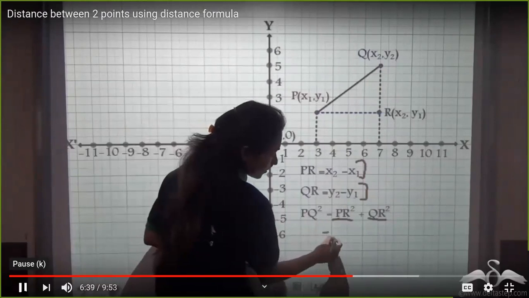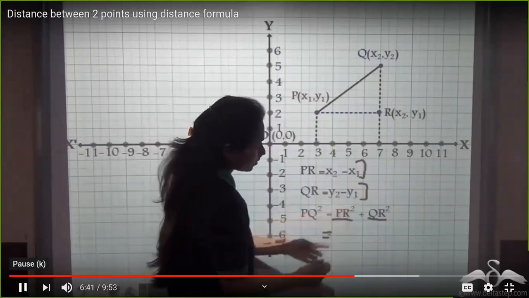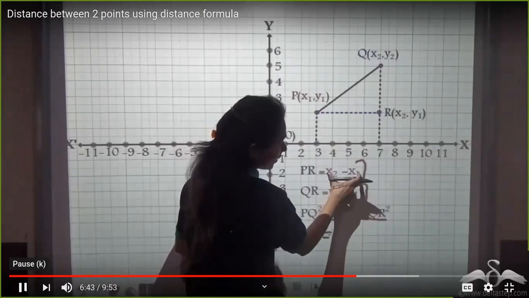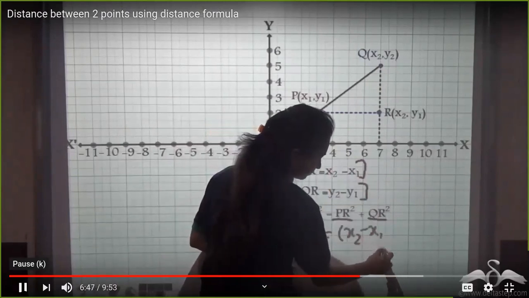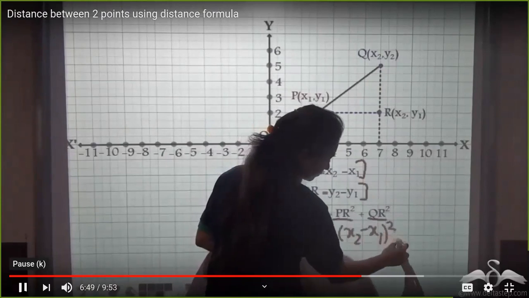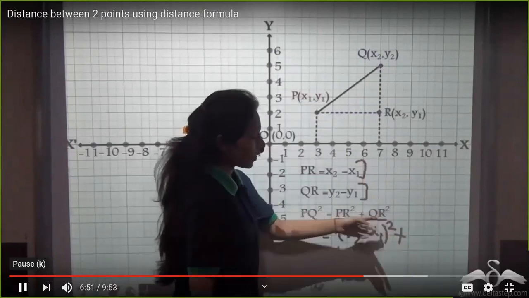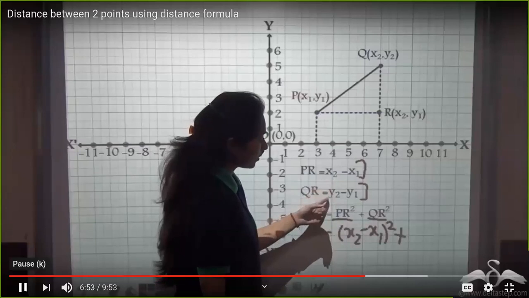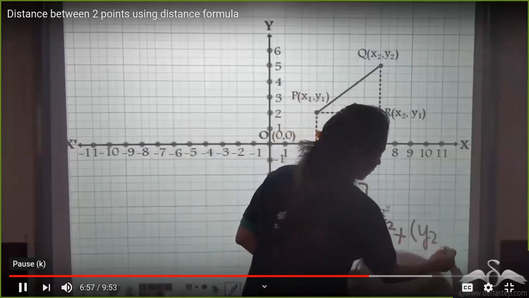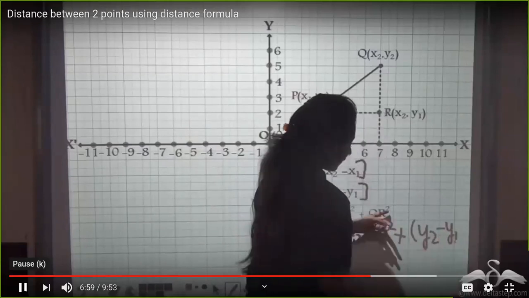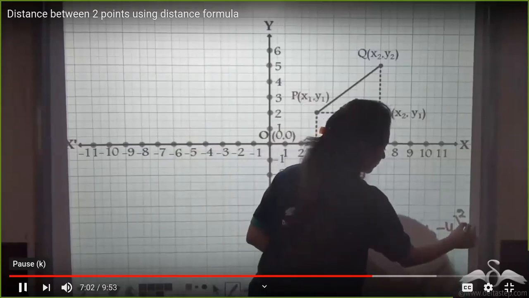PQ squared is equal to PR squared. Instead of PR, we write x2 minus x1, whole squared, plus QR squared. Now QR can be substituted by y2 minus y1, squared.